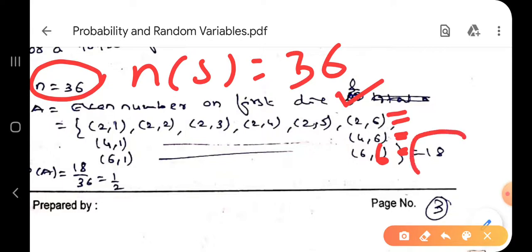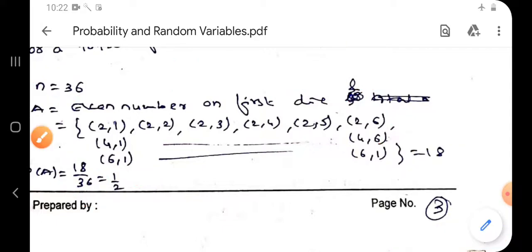So here I get 18. Understood? So here my answer is P of A, the probability of getting event A, is 18/36, that is 1/2. Correct.